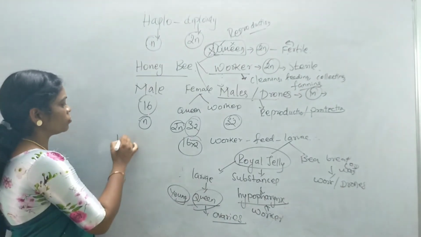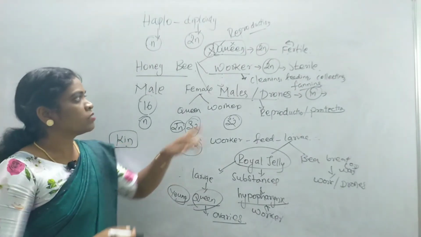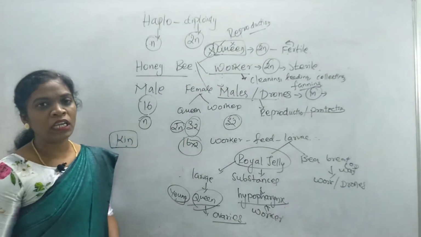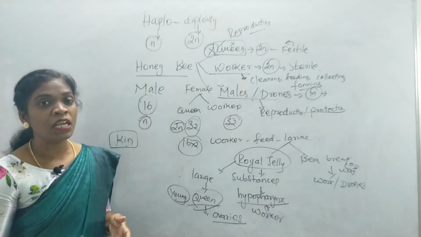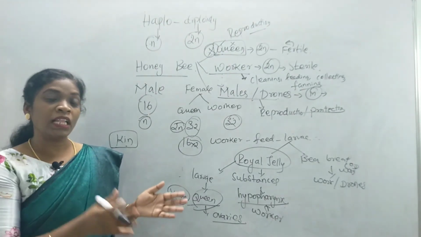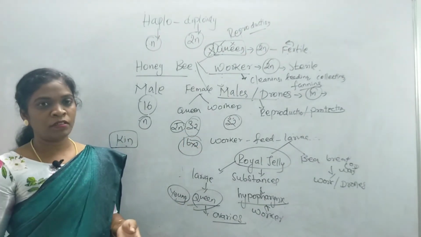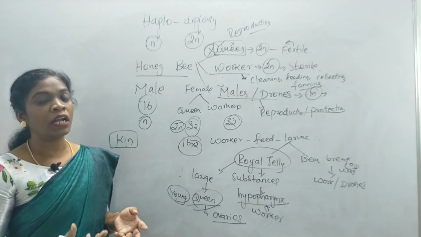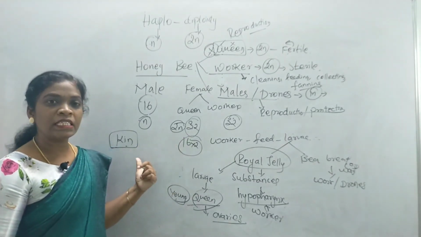There is one more term we should know. What is kin selection? As soon as the queen bee goes out of the colony, the worker bees don't turn into a queen. Instead, they find a larva, feed it with royal jelly, and make it become the queen bee. This type of sacrifice of reproductive capacity to maintain a beehive is known as kin selection.